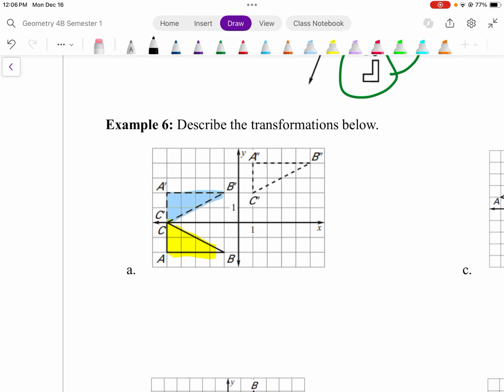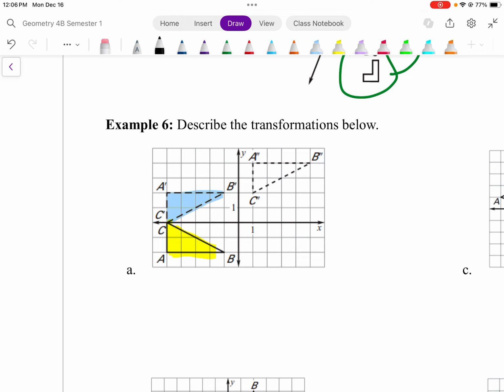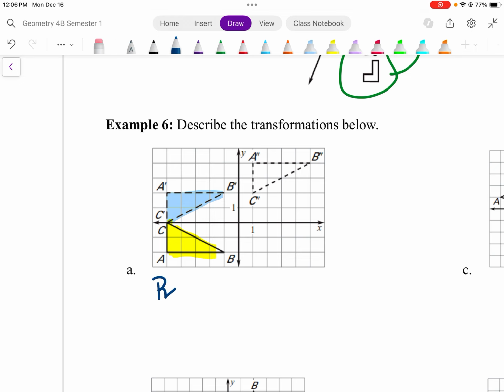So anytime you see your shape is flipped, it's going to be a reflection. So the way that you would describe it is reflection. And then you have to say what line it was reflected over. So for this one, it was reflected over the x-axis.